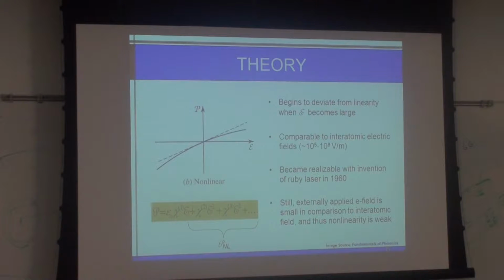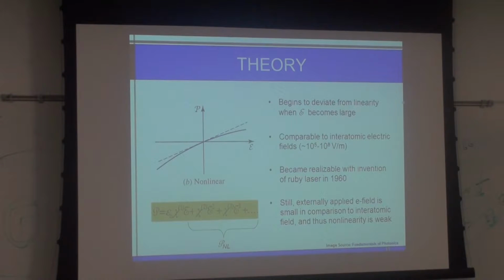And what you now have is the polarization density in terms of higher order exponents of the electric field. So this is the first order term, second, third, and so forth, and these are the associated coefficients that go with it.